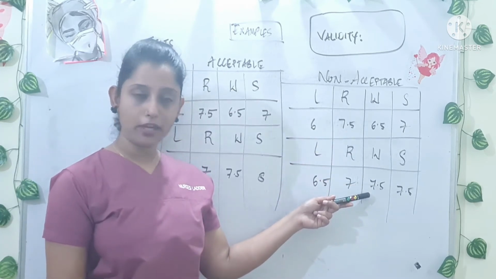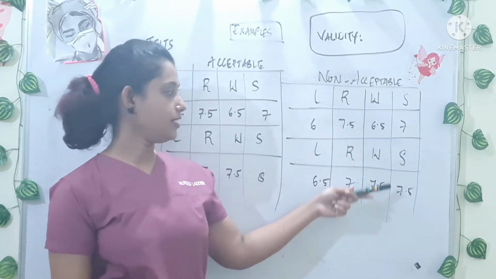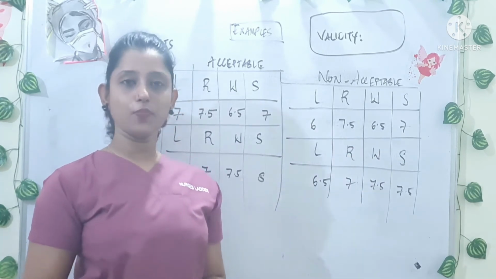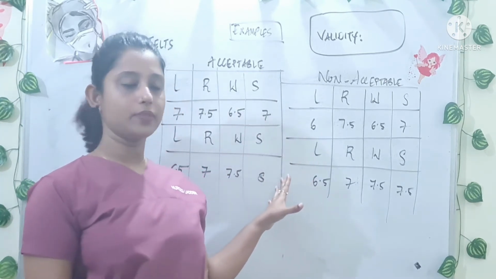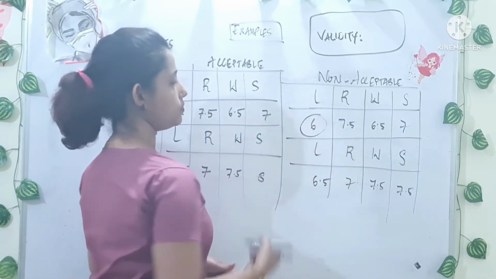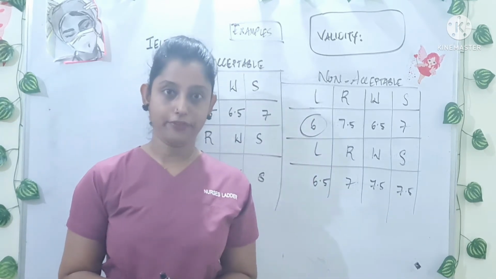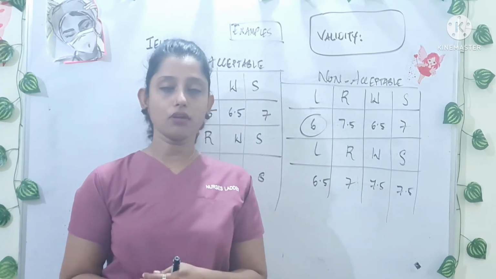In speaking, in the first sitting you got 7 and in the second sitting you got 6.5. If you look clearly at this example, you will understand that one of the scores is less than 6.5, which makes the score unacceptable.